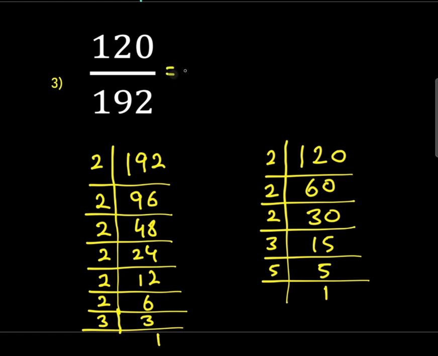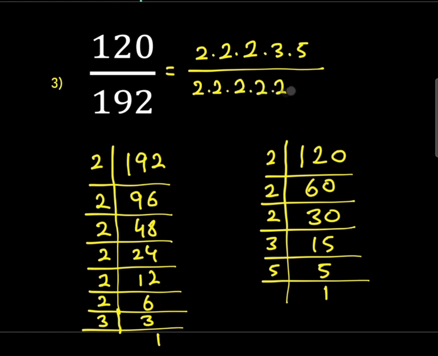Now instead of 120, write these prime numbers: 2 times 2 times 2 times 3 times 5. Instead of 192, write these prime numbers: we have 2 times 2 times 2 times 2 times 2 times 2 times 3.